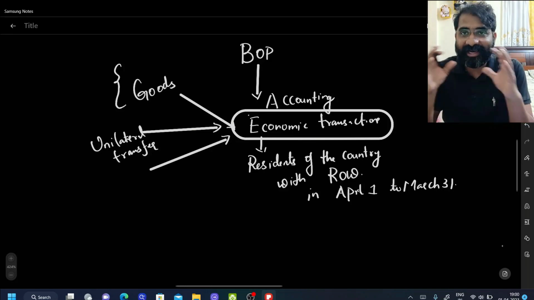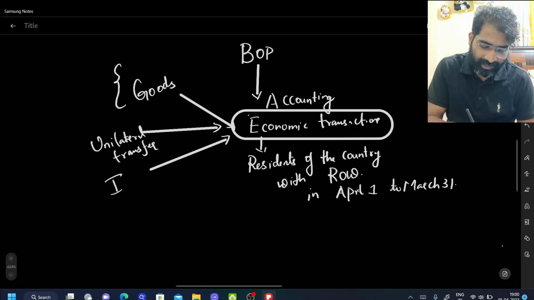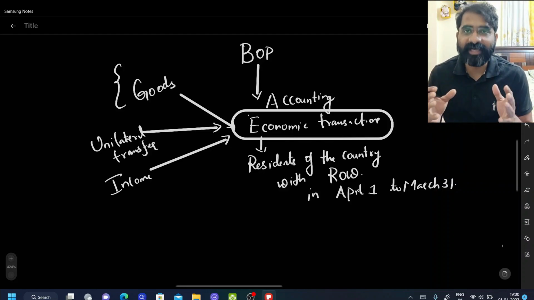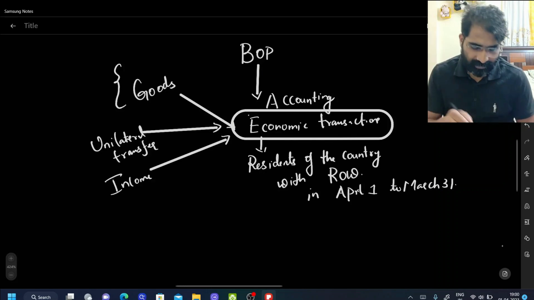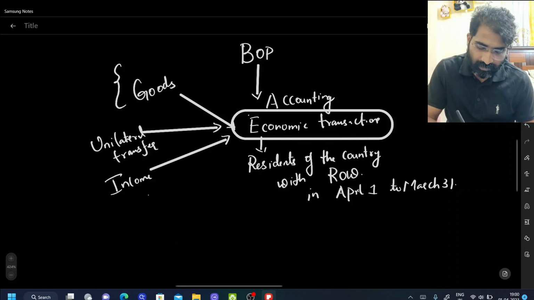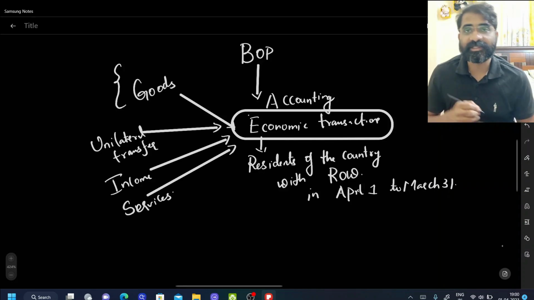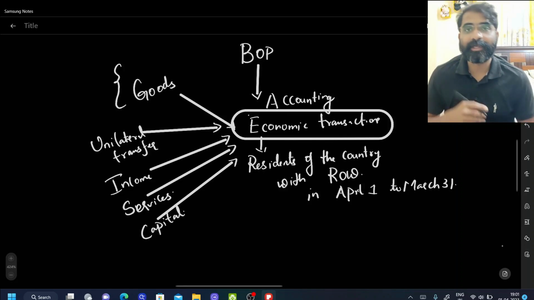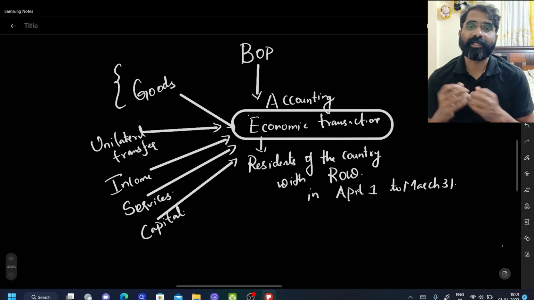We know something like net factor income. Income can be in the form of rent, income can be in the form of dividends. So all this is income. It also records services, inflow and outflow, and it also records movement of capital, or it is basically with respect to assets, or investments, etc.